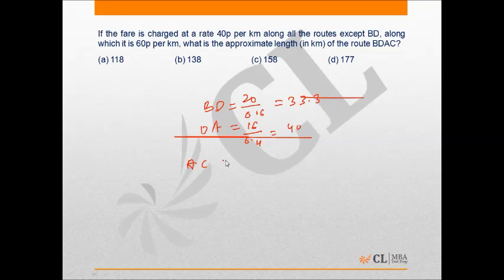And finally A to C, fare charged is 18, fare per kilometer is 0.4, this is equal to 45. When we add these three quantities, we'll get a figure of around 118 as the distance. Therefore option A is the correct answer.